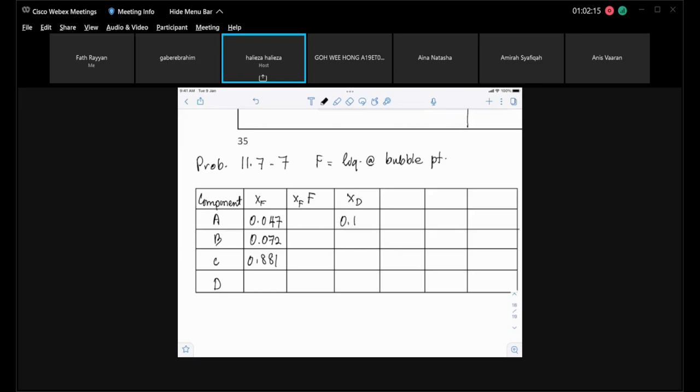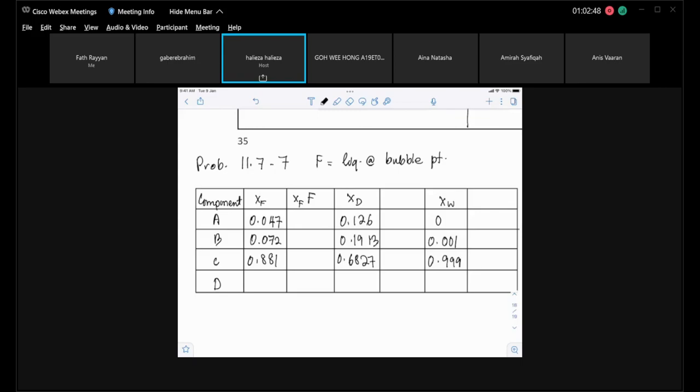Now XD: 0.16 for A, for B 0.1913, C 0.687. XW for component A, 0.001, for component B, 0.999.